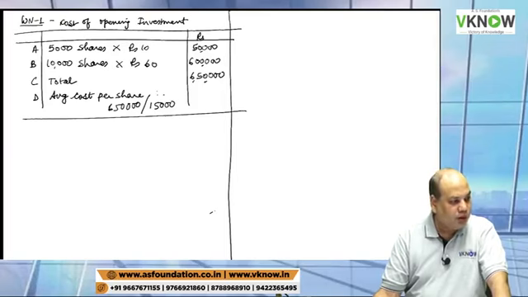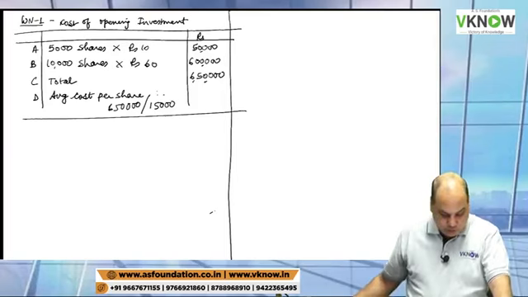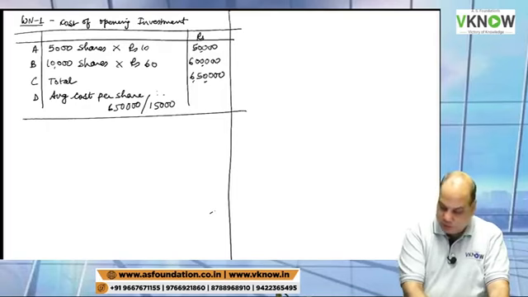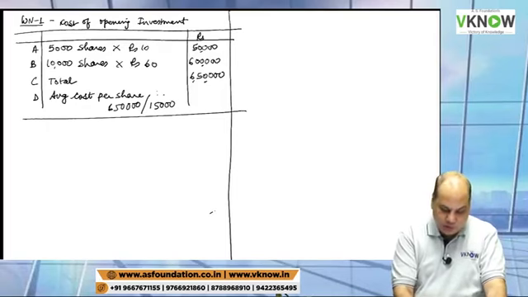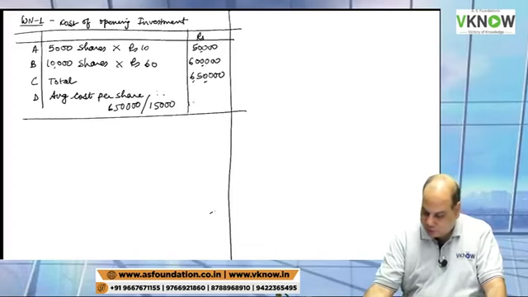So my opening investment will have an average cost of 6 lakh 50,000 divided by 15,000, which is 43.3333.